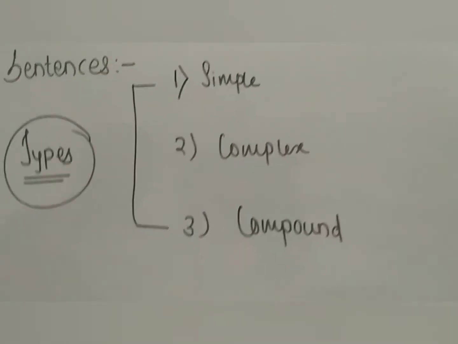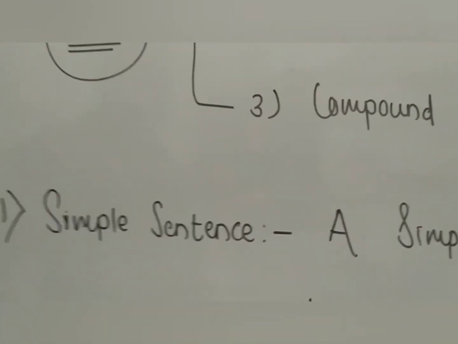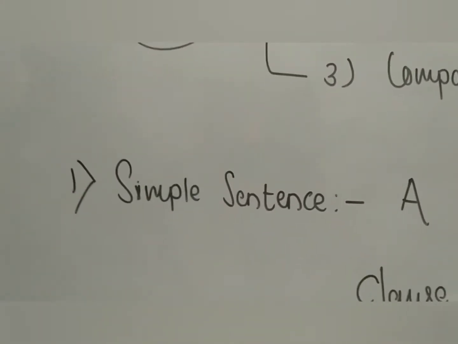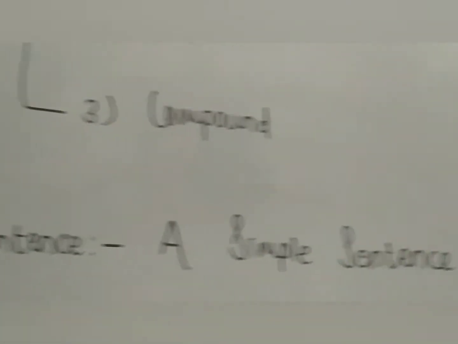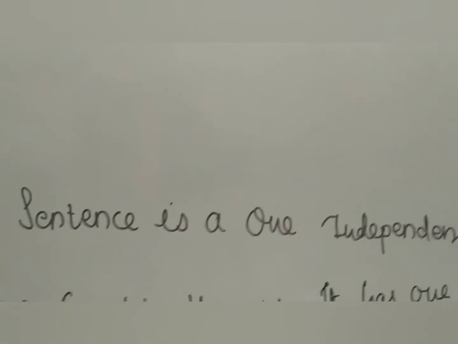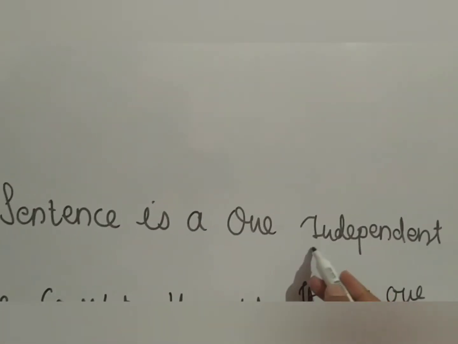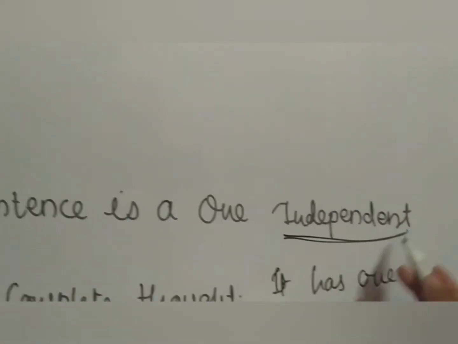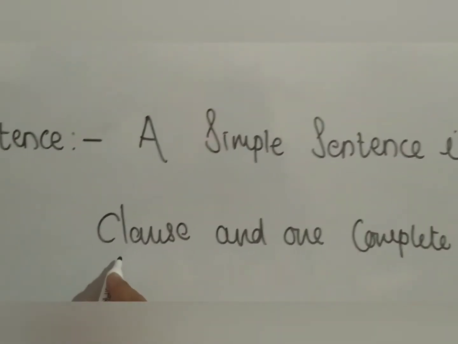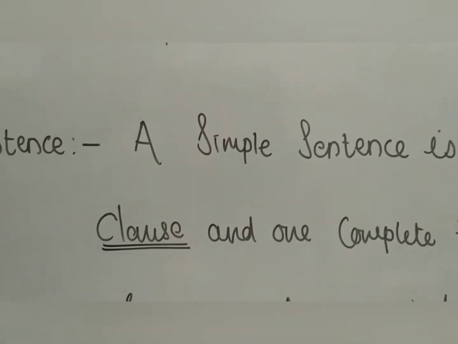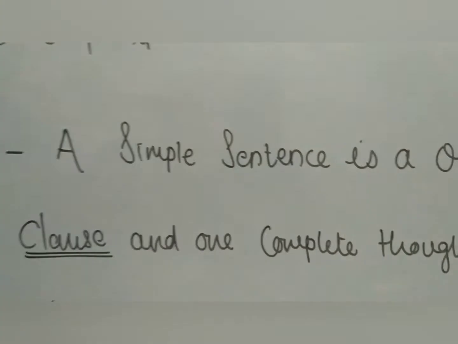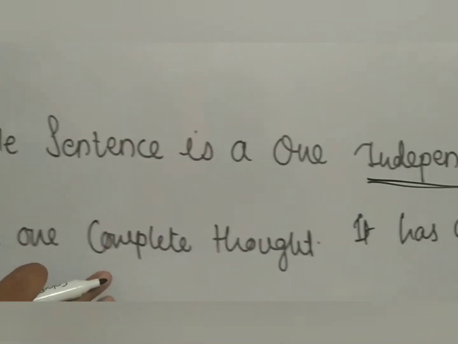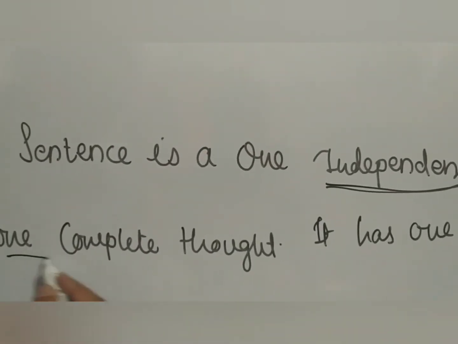Now see, a simple sentence is very easy to identify. A simple sentence is one independent clause. It is not dependent, it is independent. It stands by itself, with one complete thought.